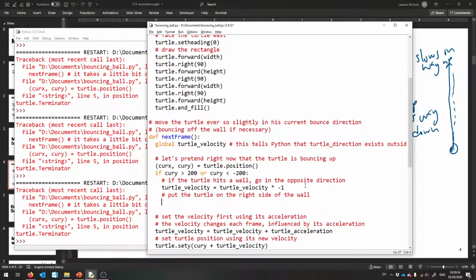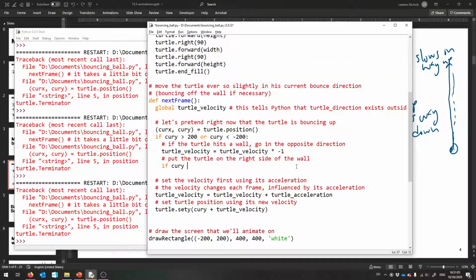So if he was up top, which I guess he'll never be at this point, but just in case, if the current y is, let's see here, because we're eventually going to use the current y down here, so let's just change the current y.